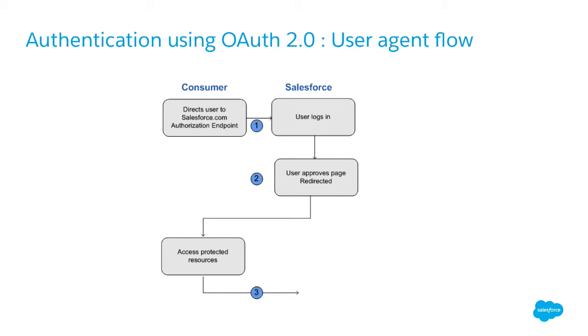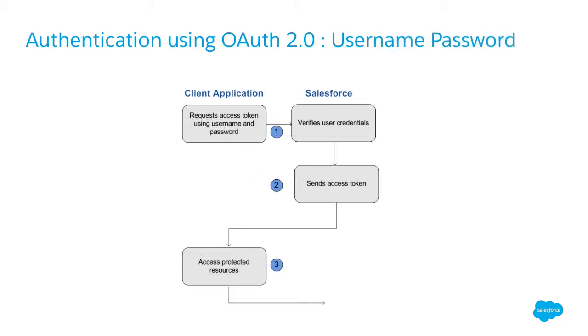So there is no authorization code, there is no refresh token. If it expires, the user has to authenticate again. This user agent flow is generally used in mobile applications, and the previous one was used in web applications.